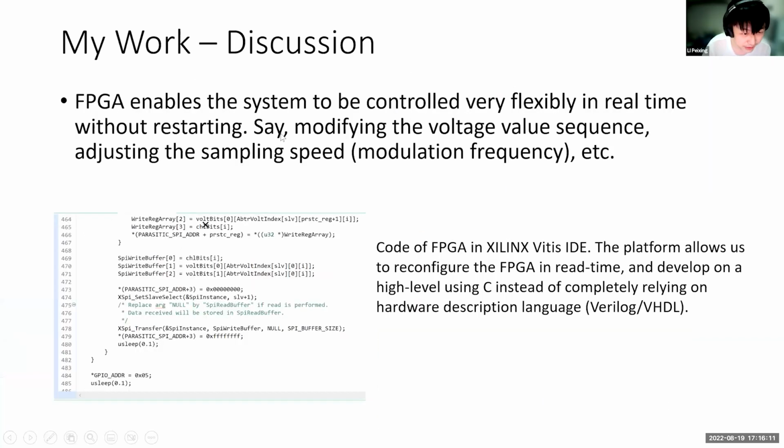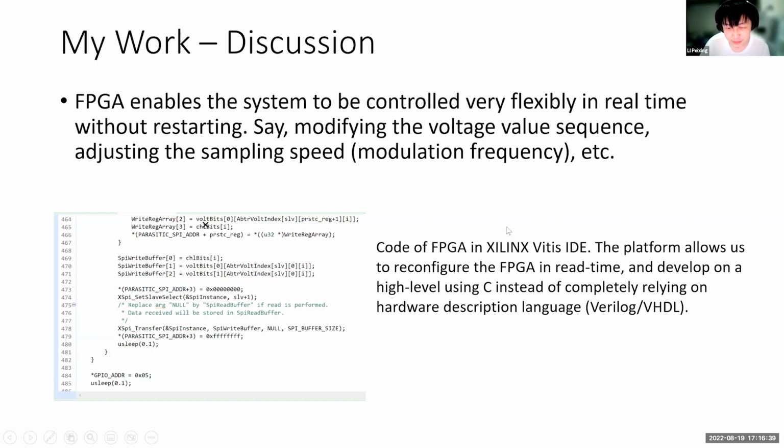Another feature of this project is using the FPGA, which is a very flexible device. The FPGA enables the system to be controlled very flexibly in real time without restarting. You can change the functionality whenever you need, like modifying the voltage sequence or adjusting the sampling speed, which means you change the modulating frequency of your surface in wireless communications.